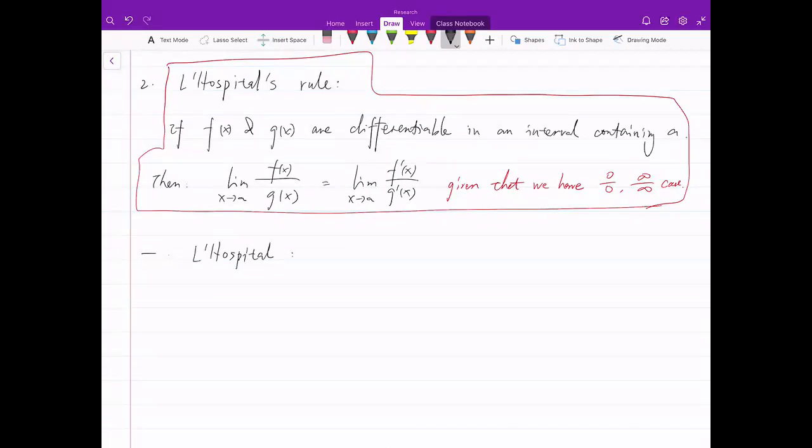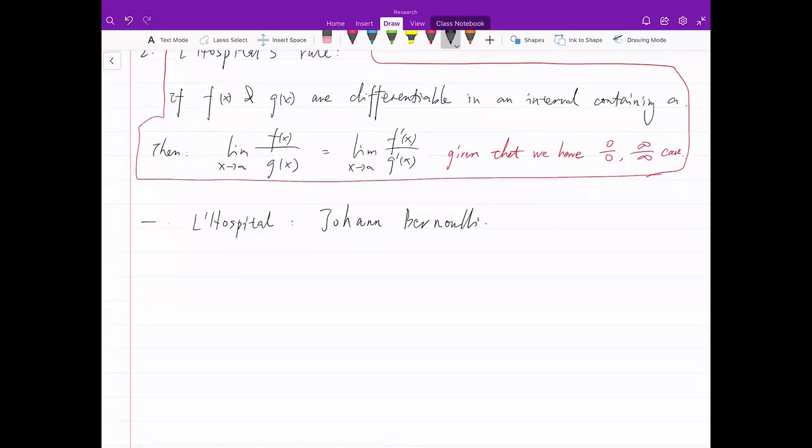Do you guys know the story of how L'Hopital's rule was discovered? Do you know who discovered L'Hopital's rule? His name is Johann Bernoulli. Why would he discover something and then not name it after himself? What do you think? I don't know.